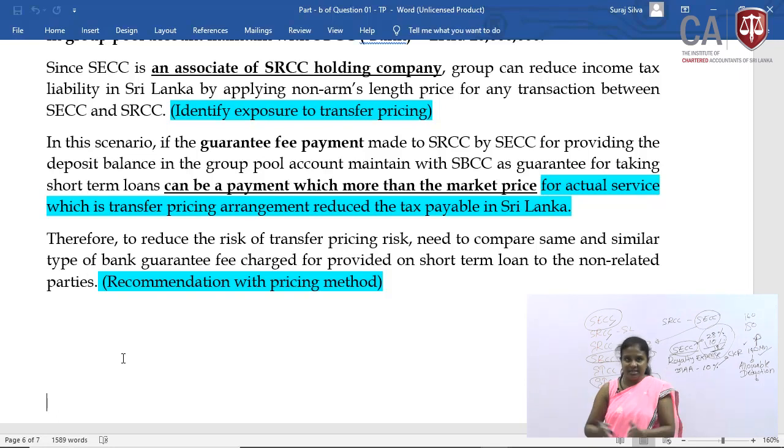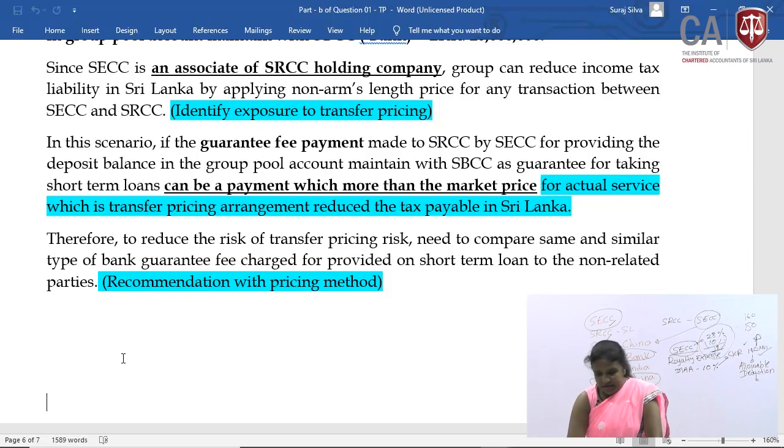This is an expense utilized for the production of income, so they can increase it. If the expense has increased, your profitability is going to reduce. On that profit before tax, we do the adjustments and pay tax. It is extremely advantageous to the holding company or the group.